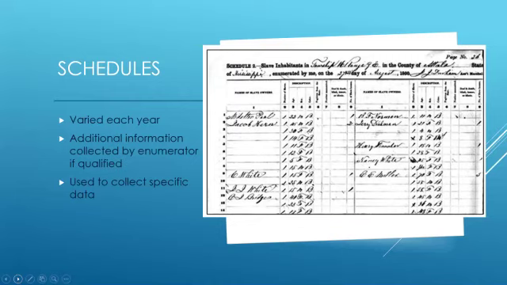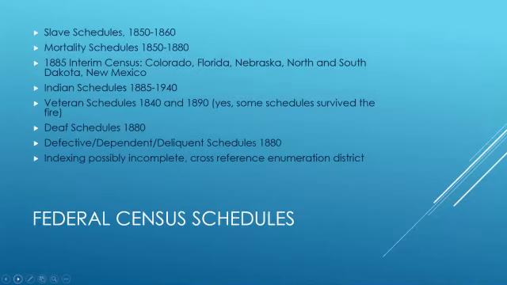If you can find your family members in these schedules, you're getting additional information about them, and good for you. These schedules were used to collect additional data. So when you are searching censuses, don't forget to also go with the special schedules. It's going to be a different search term, and it's going to say schedules. And yes, you want to look at the schedules because that is where you're going to find all the details.